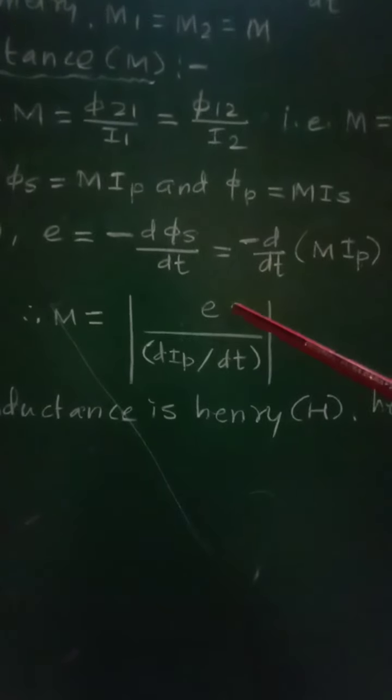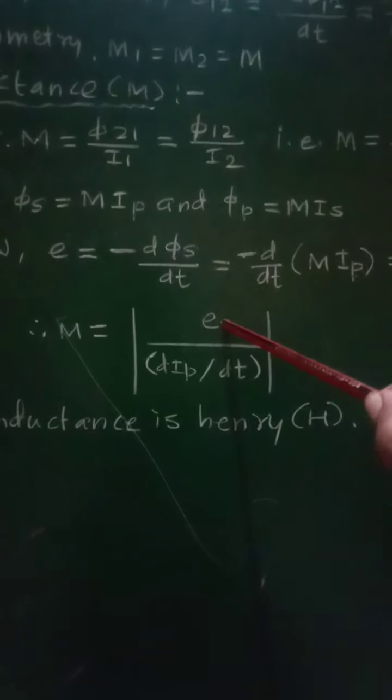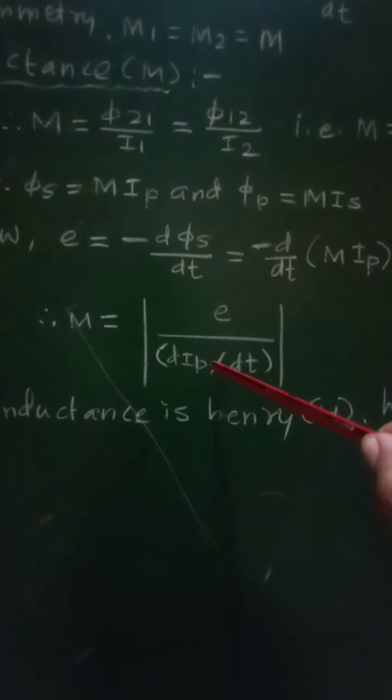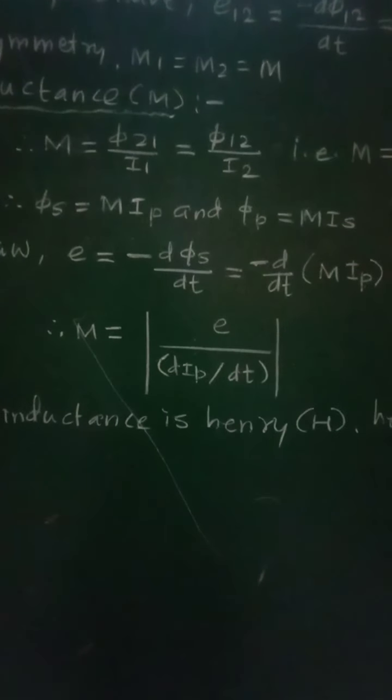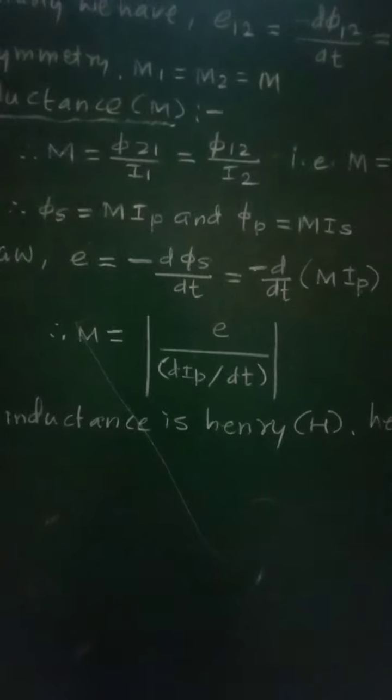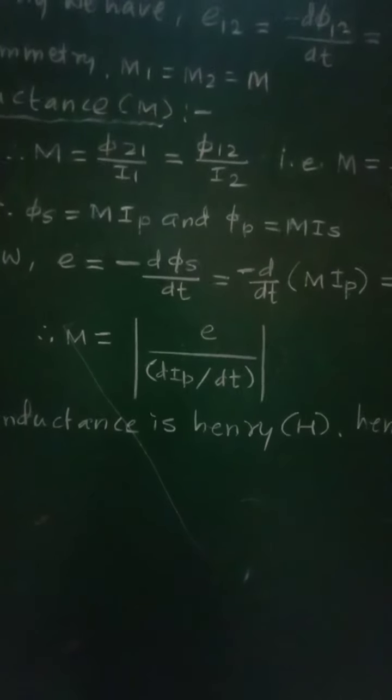That is, when E is equal to 1 volt and the rate of change of primary current is also 1, at that time the mutual inductance of the two coils will be equal to 1 Henry.